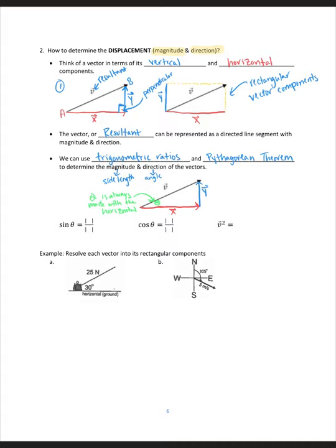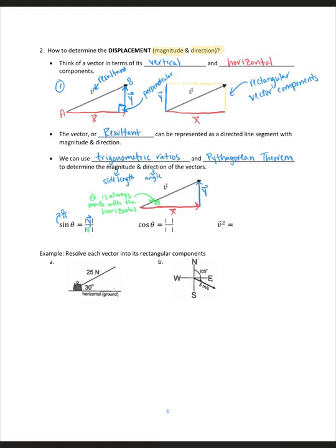So for the sine of theta, we can look at our triangle and use our vector variables here to identify what the sine of theta would be. So the sine of theta, remember, is going to be O over H. Well, our opposite side here is y, over our hypotenuse, which is v. Okay.